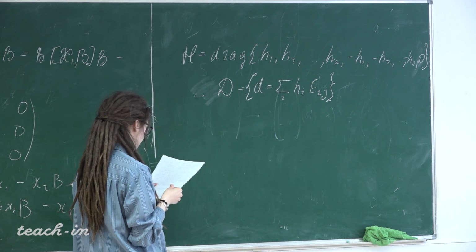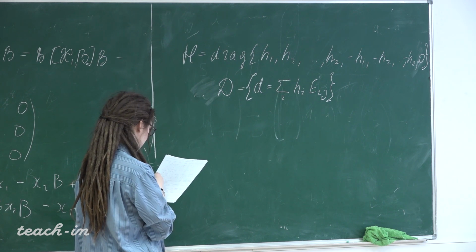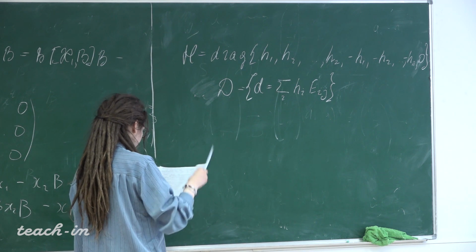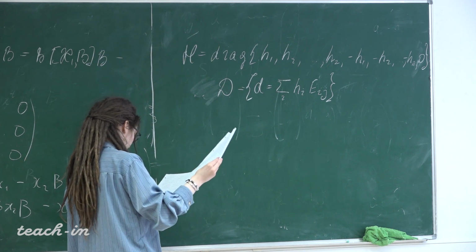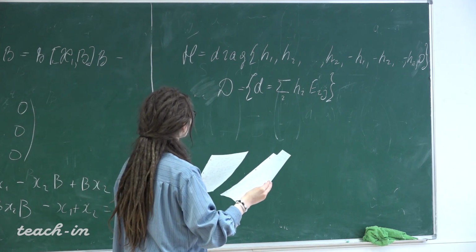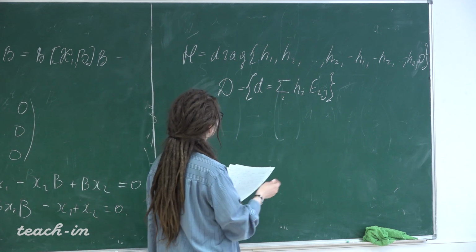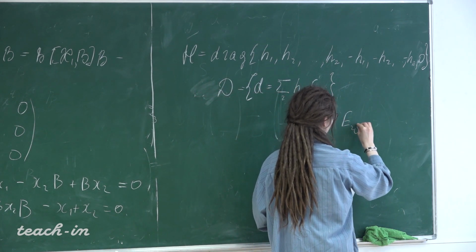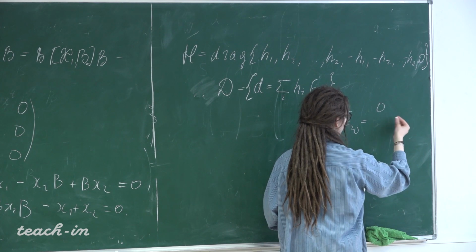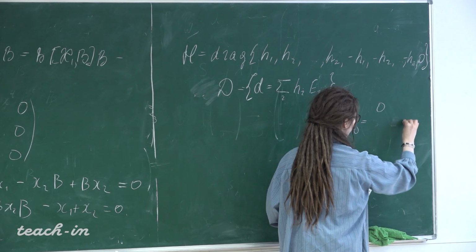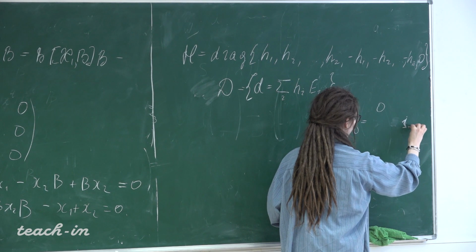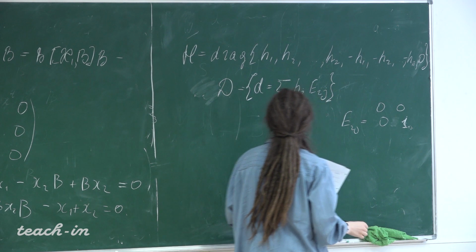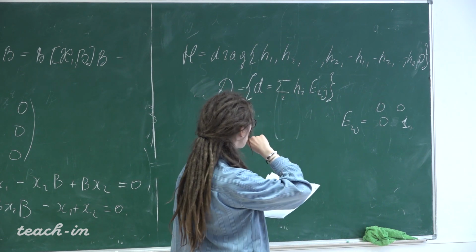Okay, so what is capital D? What is J? No, J is this J. E_ij is just a matrix with one... I understand, but on the other side of your equality you don't have any J. You have a sum over i only.